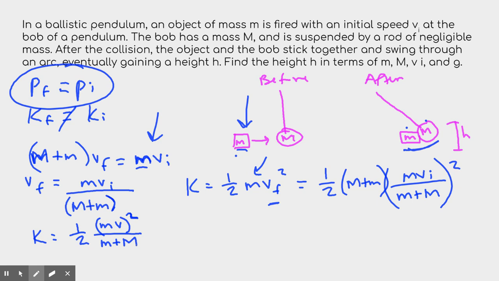And that potential energy will let us figure out how high the m plus m traveled. Okay, so we're going to say that the kinetic energy is equal to the potential energy.